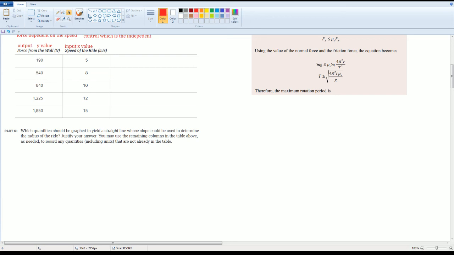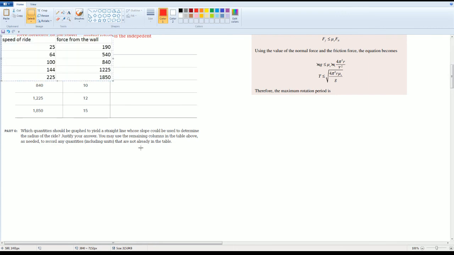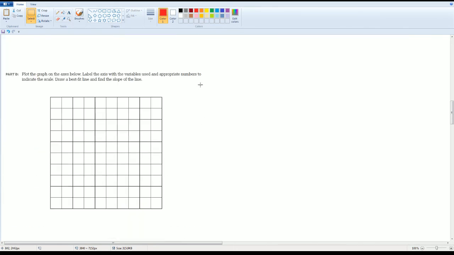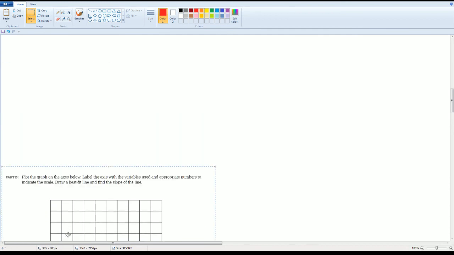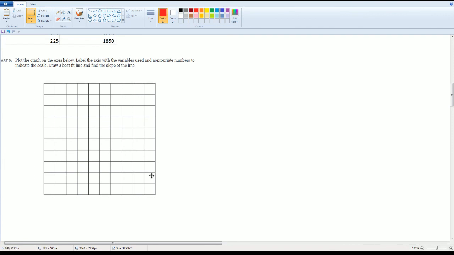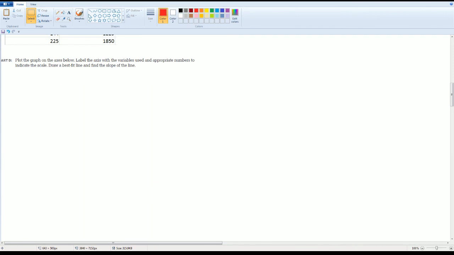Okay, so it's going to be the speed of the ride squared. It should be something like this. Boom. And the graph is going to be the next part. The graph is useless here because I did it in here.